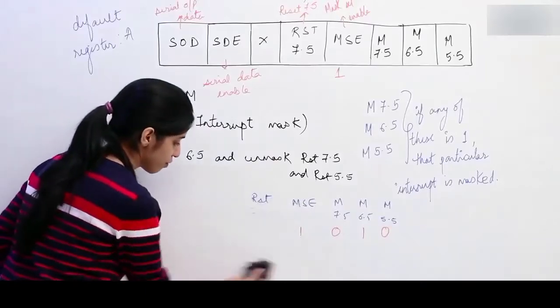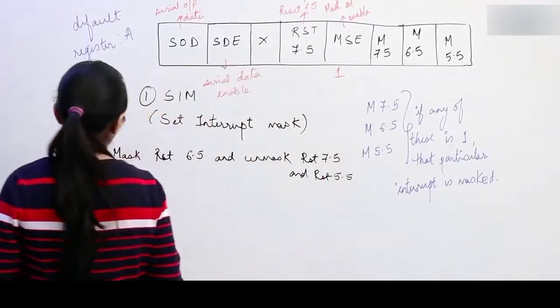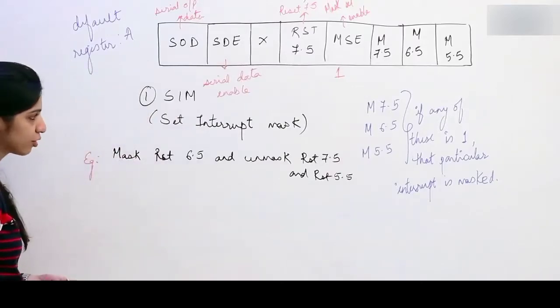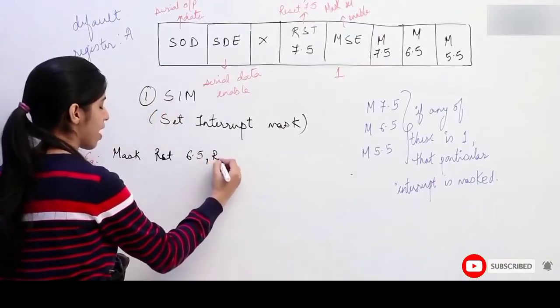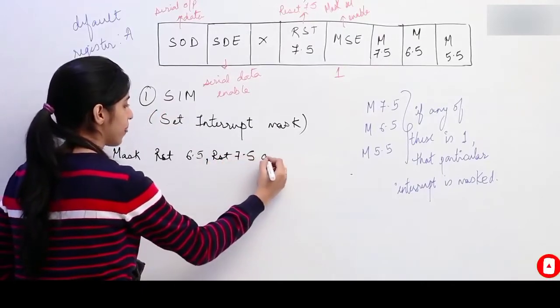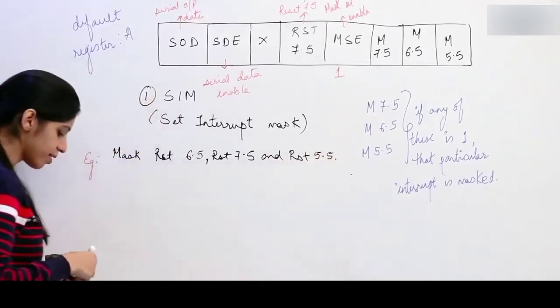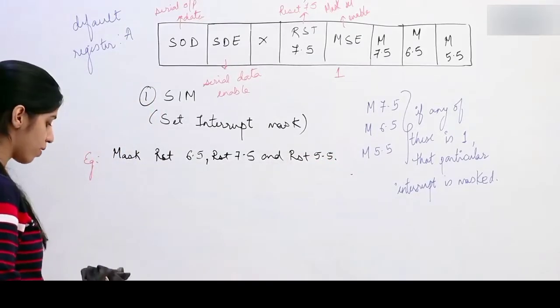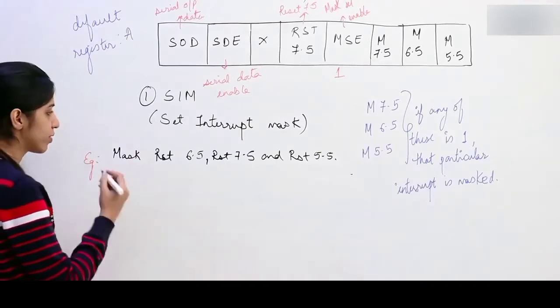Let us take one more example. Suppose you have to write an ALP to mask RST 6.5, RST 7.5 and RST 5.5. Now you have to mask all three of them.